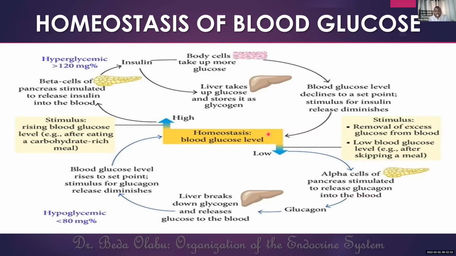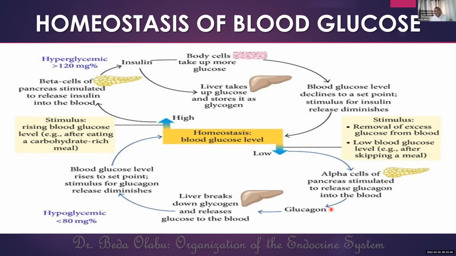How about if you've not eaten for long? You're fasting for hours. So if you fast, the sugar levels go down. And a decrease in the sugar levels triggers the production of glucagon hormone, again from the pancreas.